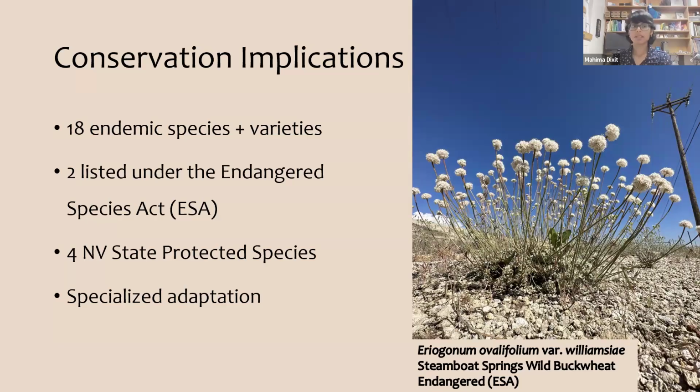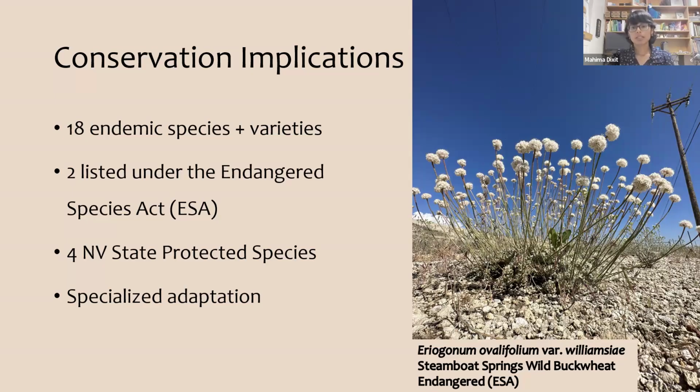And something I also noted at the bottom is that a lot of these species and varieties are rare and restricted because of specialized adaptation in addition to threats. Another thing that restricts them, and the reason why they're so rare, is that they are specially adapted to certain habitats. I mentioned Eriogonum tiehmii, or Tiehm's buckwheat, that is endemic to soils high in lithium and boron. And the other example I have pictured here is Eriogonum ovalifolium variety williamsiae, or the Steamboat Springs wild buckwheat.